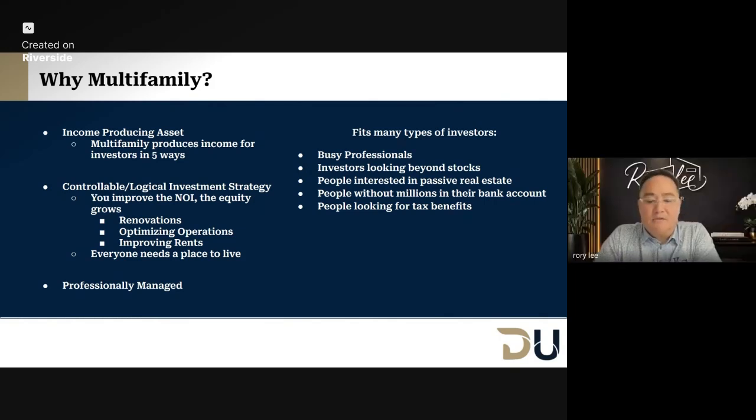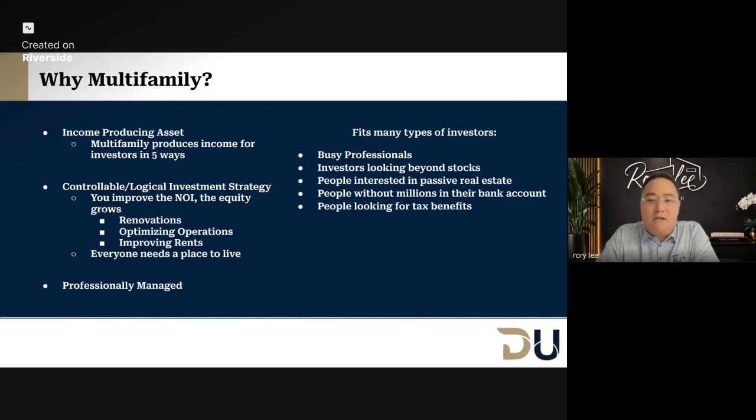Thanks, Matt. So multifamily fits a variety of types of investors. A lot of times it's busy professionals, like myself. I first started investing in long-term rentals out of state. But unfortunately or fortunately, I learned that that process is not as simple as it looks. I had 13 different properties.